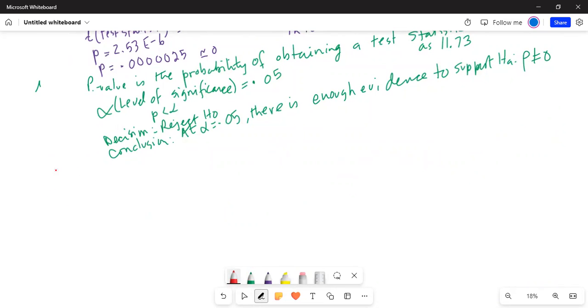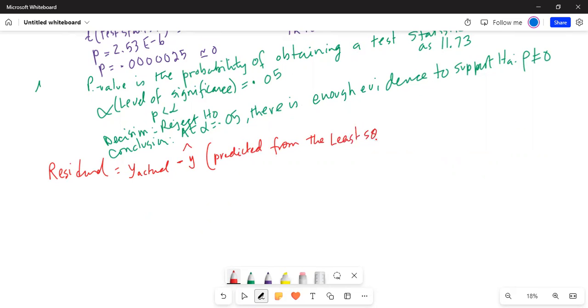Residual is y actual minus y hat, that is predicted y, from the least squares regression line.